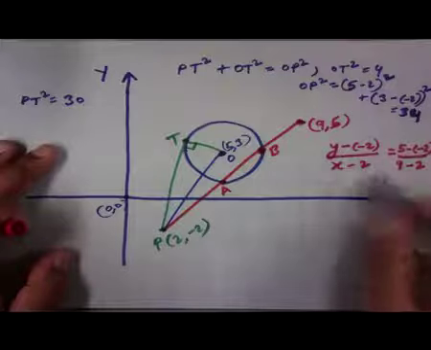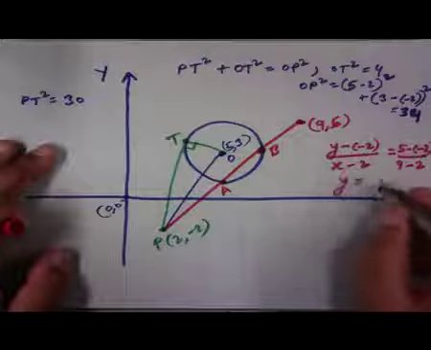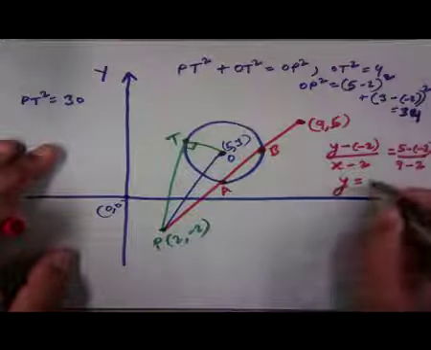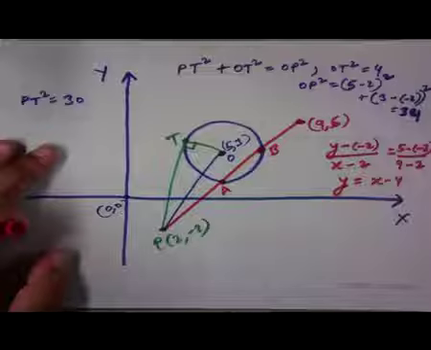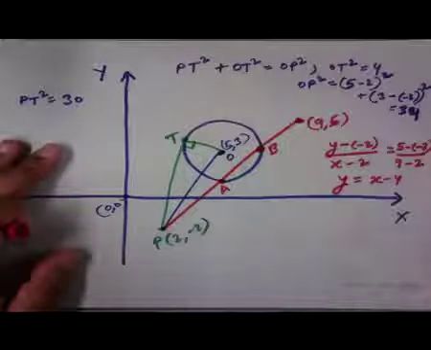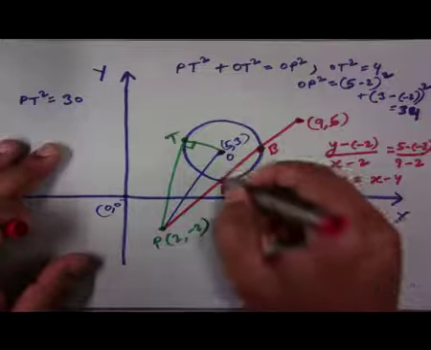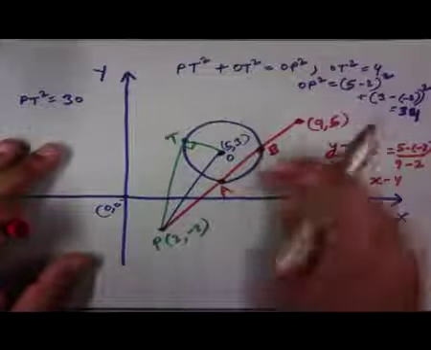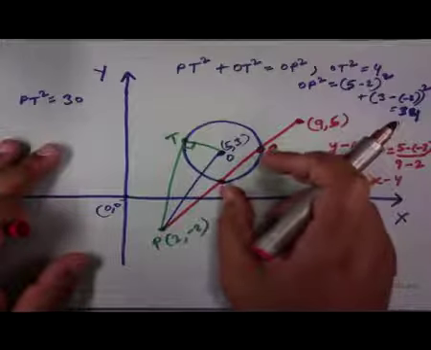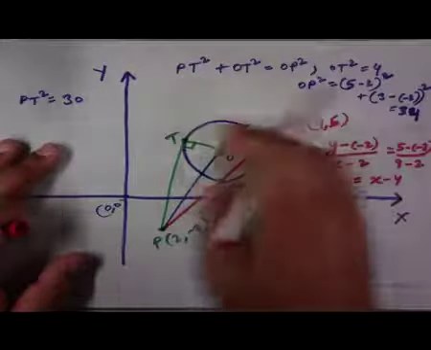So, if we simplify this, the equation of this line comes to y equal to x minus 4. Now we essentially have to find the coordinates of these 2 points of intersection between this red line and the circle.